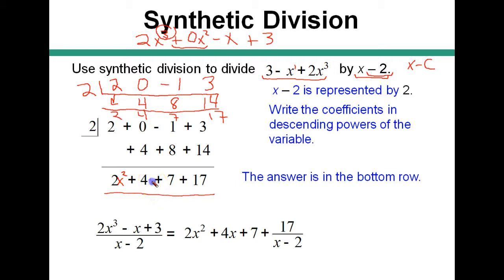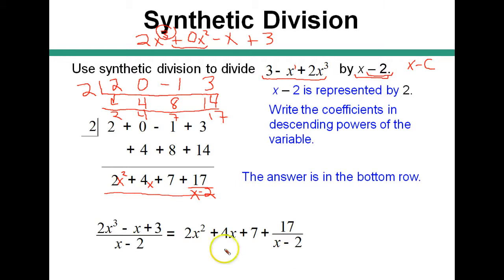This is going to become x, and then this is x to the 0, which is 1, or just plain 7. And then this is our remainder, which will be over our original x minus 2. And that's what they have here.